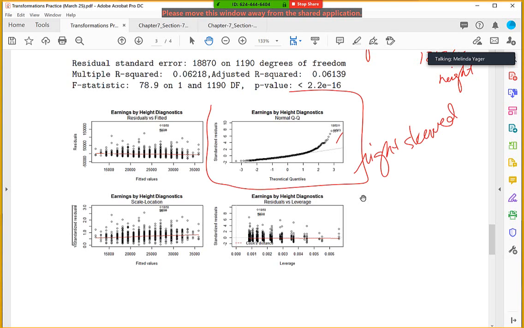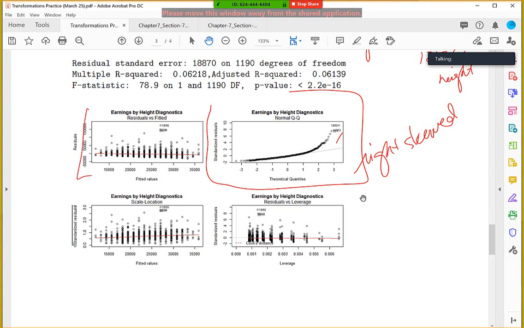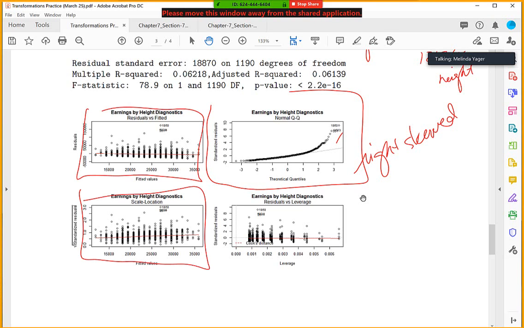So a transformation probably would be fairly useful in this situation. We might also have some issues with constant variance. We can look at both this residuals versus fitted plot and the scale location plot, and we can kind of see that there's some variability in our constant variance, so we might also have some issues there. But we definitely have evidence against normality of residuals.